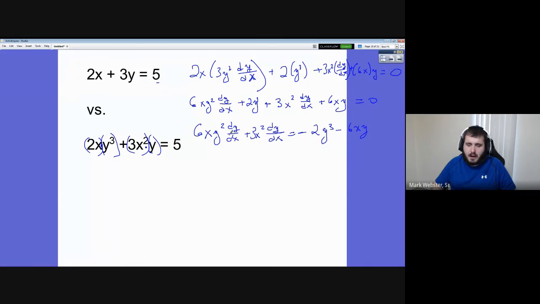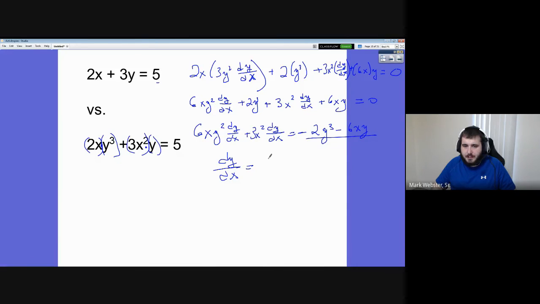Now I'm going to pull out the dy dx and divide by whatever's left. So I'm going to divide by 6xy squared plus 3x squared over to the other side and leave myself with this dy over dx. So this is in the numerator.